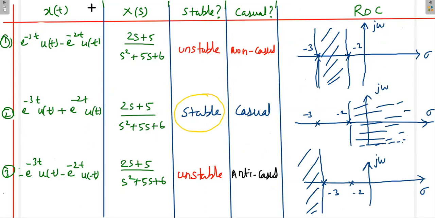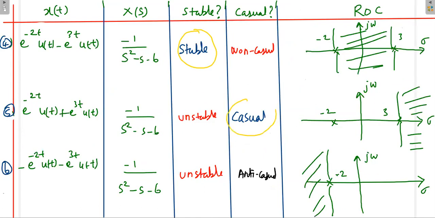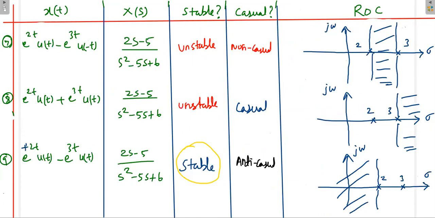Here this one is causal, this one is causal, and here this one is causal, here this one is causal. So what is happening in causality? You see here, in causality, the ROC is going towards the right side.